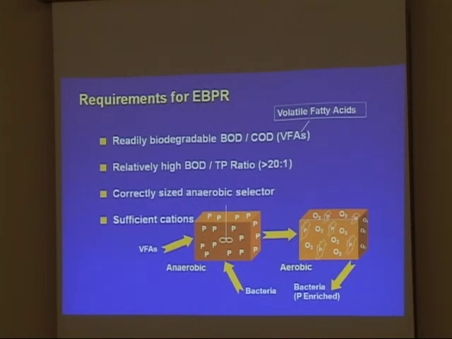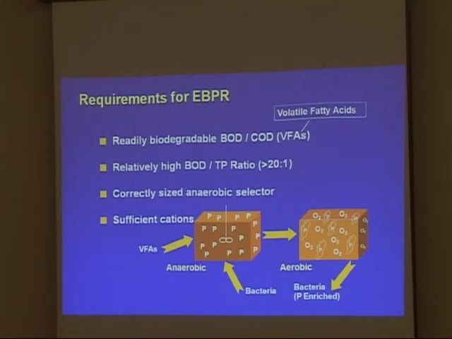Obviously, a correctly sized anaerobic selector. There's a reason why A, B, C, D, and E are sized the way they are. A, B, and C can be used as either anaerobic selectors or anoxic selectors. D and E are also relatively small selectors, and they can be used as anoxic selectors or aerobic selectors. But A, B, and C are your smallest ones.